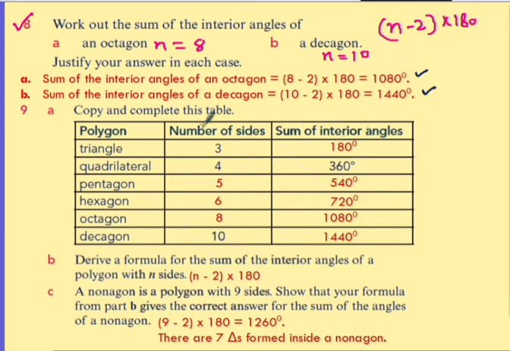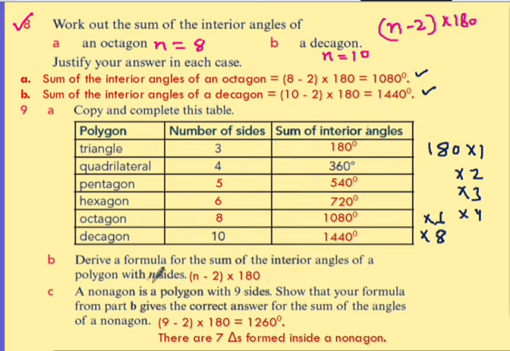Now complete the table. We have done it. Triangle makes 180, quadrilateral makes 360. You can read the table of 180 into 1, into 2, into 3, into 4, here into 6, and here into 8. So you can easily get these angles.